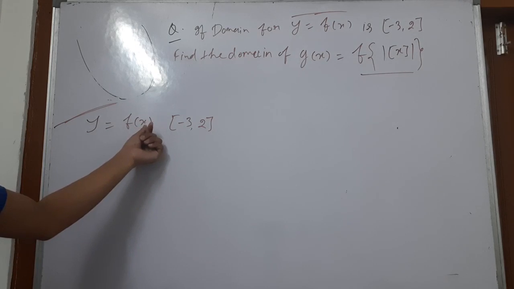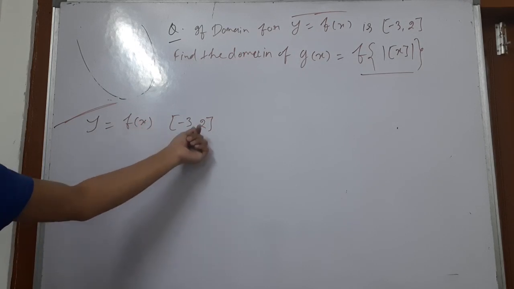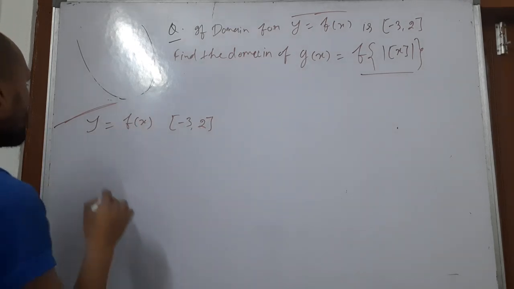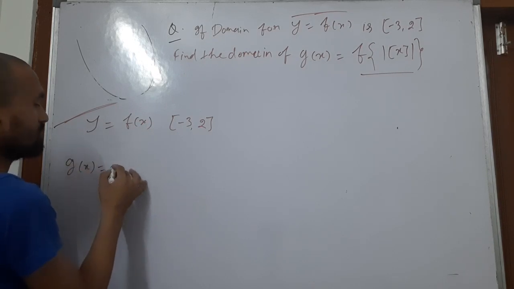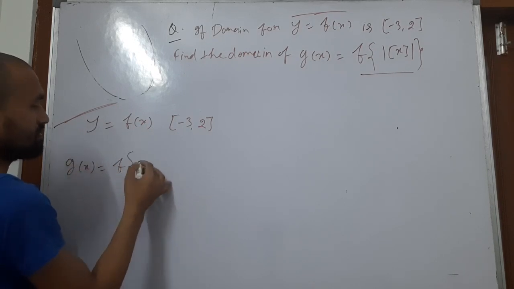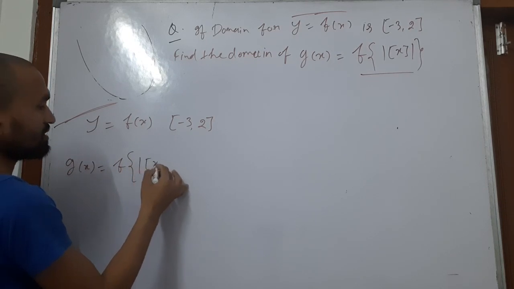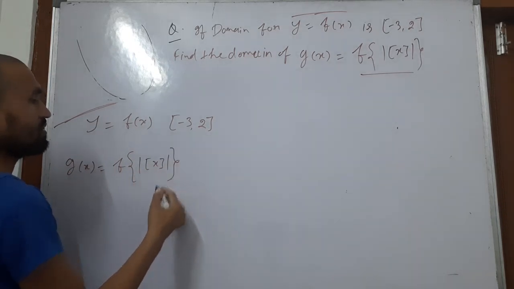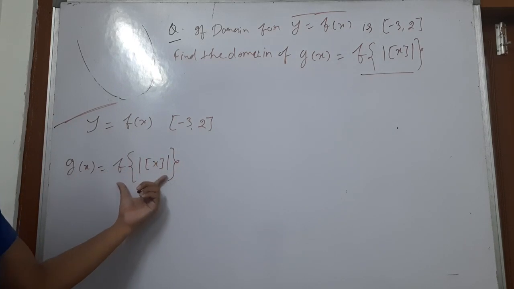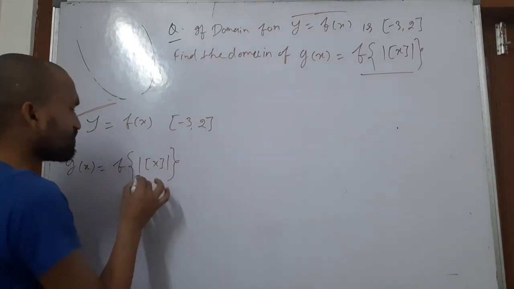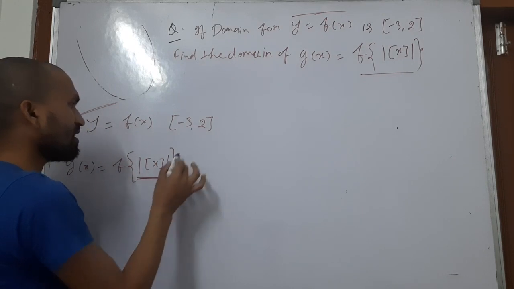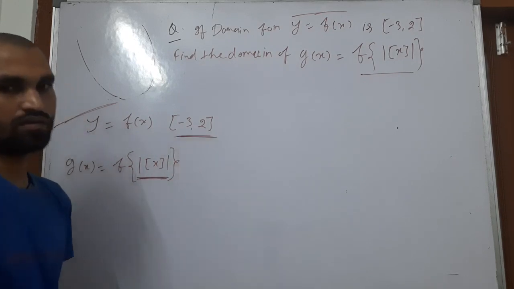Okay, students. So here this x is defined for this. So when we have the function g(x) is equal to f of mod greatest integer x, if this function is defined, then this value should follow this interval.